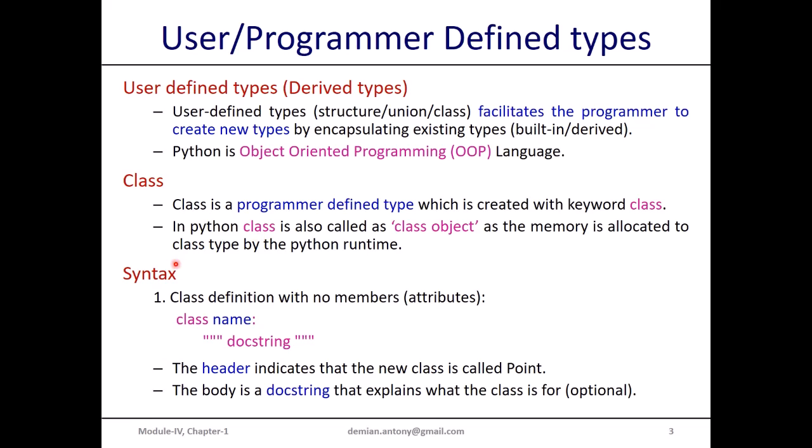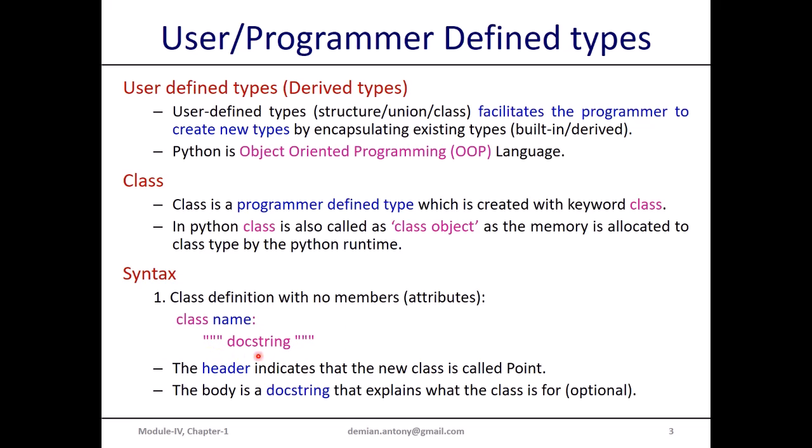Now let's understand how to create a class or a class object in Python. We don't have to specify the members. This is the first format of the syntax. We have to specify the class keyword, class followed by the name of the class, a colon, and we have to use an indentation with this docstring.